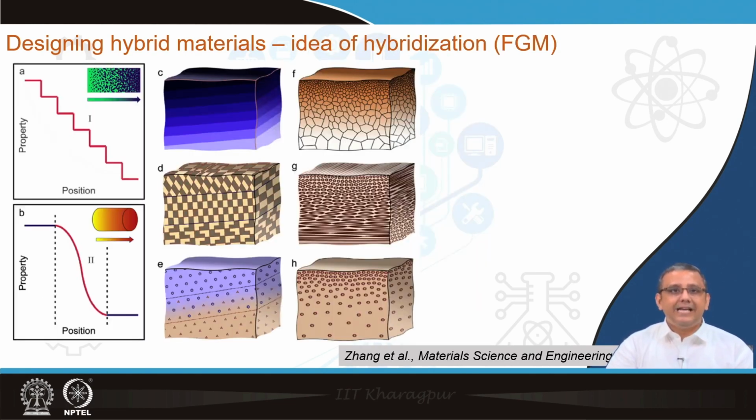Many such designs of FGMs or functionally graded materials can be created, and some examples are shown over here. And for your information, many natural elements like the bone of our body or our teeth or the wood are naturally graded components.